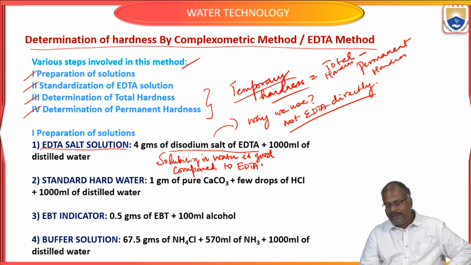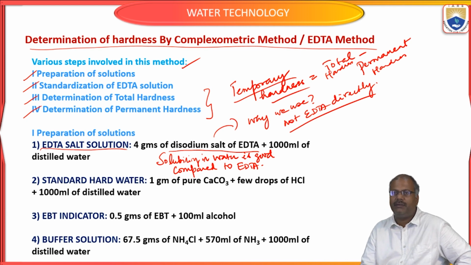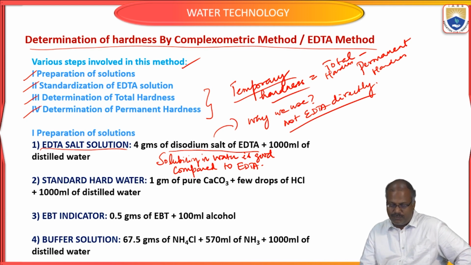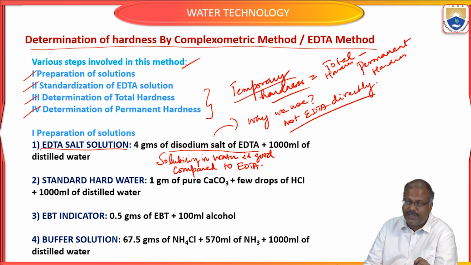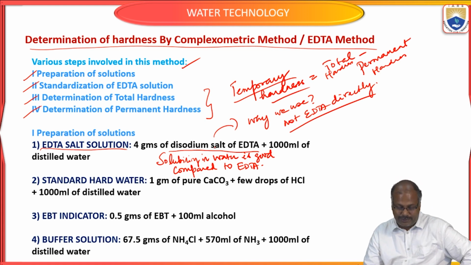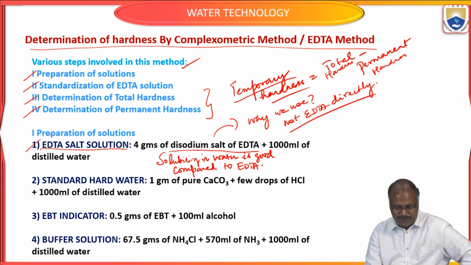When you use EDTA directly, solubility is not that good, but when you use disodium salt of EDTA, it has a good soluble nature in water. So that's why we use the salt of EDTA, not the EDTA directly. Okay, this is one of the preparations.